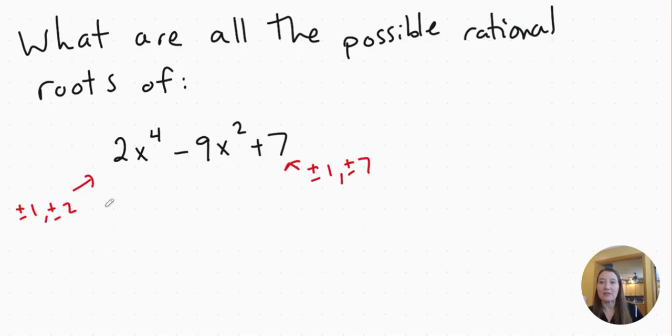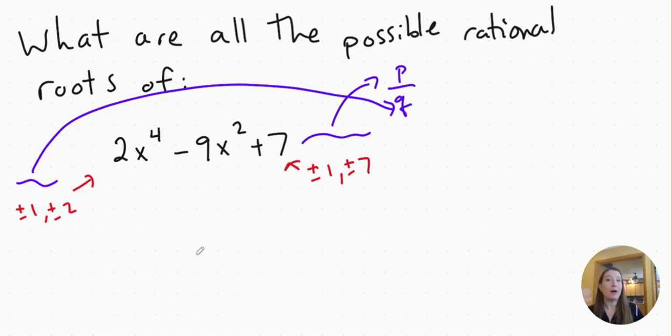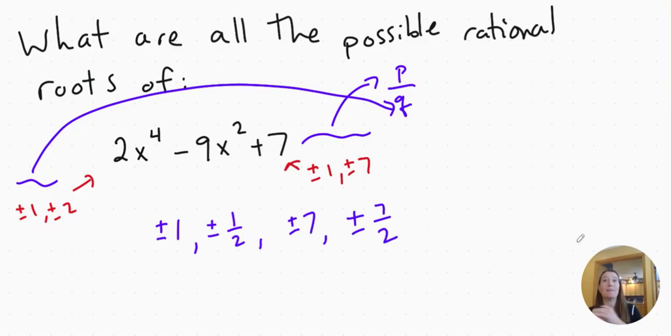So when I combine those of the form p over q, where p is a factor of the last term and q is a factor of the first term, my possible rational roots would be plus or minus 1 over 1, plus or minus 1 over 2, plus or minus 7 over 1, and plus or minus 7 over 2. That's it. So of all of the fractions in the whole world, only these 8 could be rational roots.